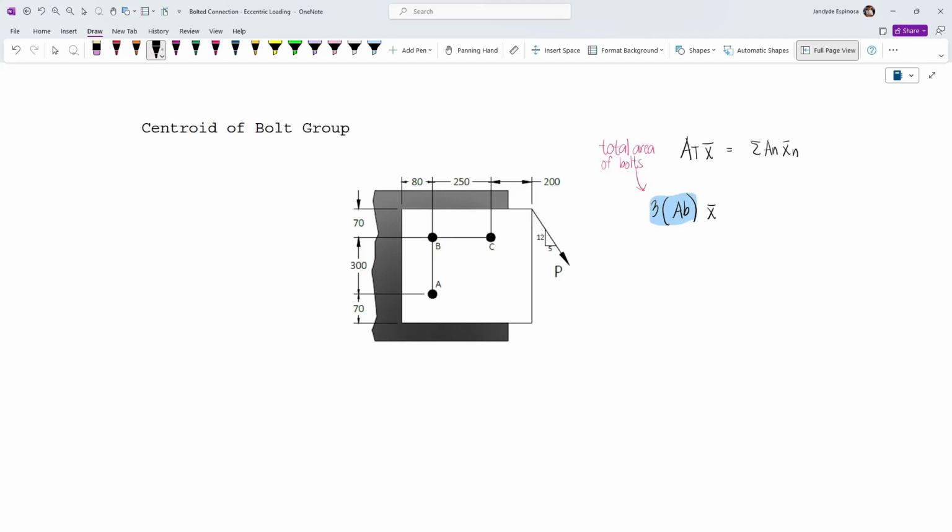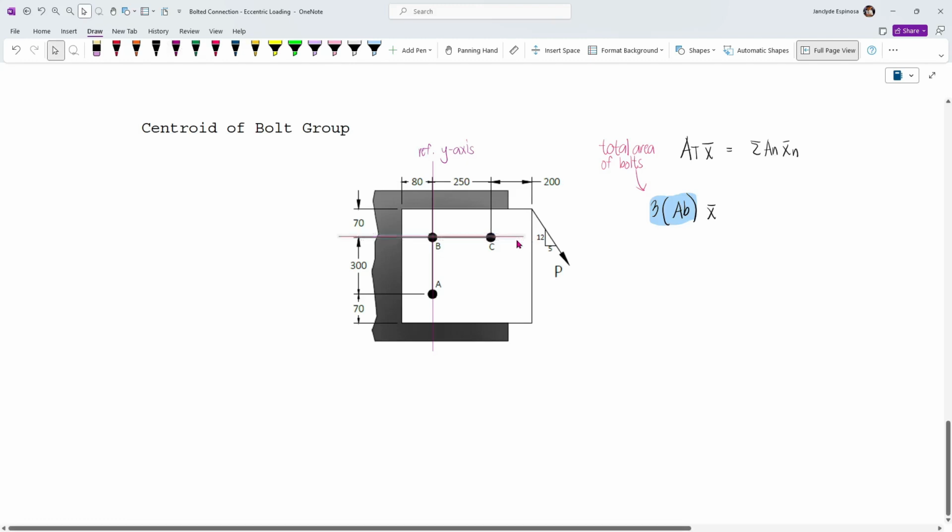Now the reference for barred x and barred y will depend on you. Here, I'm going to use this line as the y-axis to compute barred x. So we have here the reference y-axis, while for the x-axis, I'm going to use this line. So this is my reference x-axis. Now sir, how do we choose our reference? In choosing your reference, make sure that the line will include a lot of bolts.